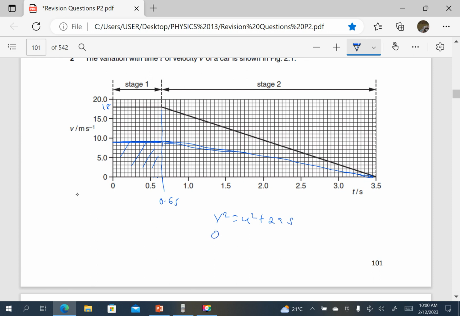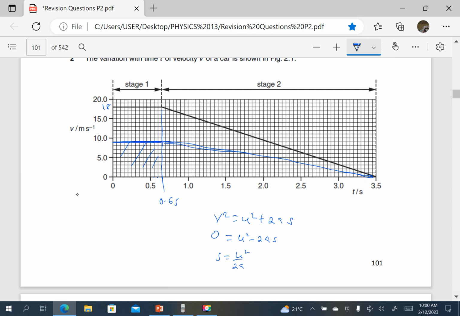The final velocity is 0. So 0 is equal to the initial velocity u squared minus 2as, because it is a deceleration. So the distance covered s is equal to u squared divided by 2a.